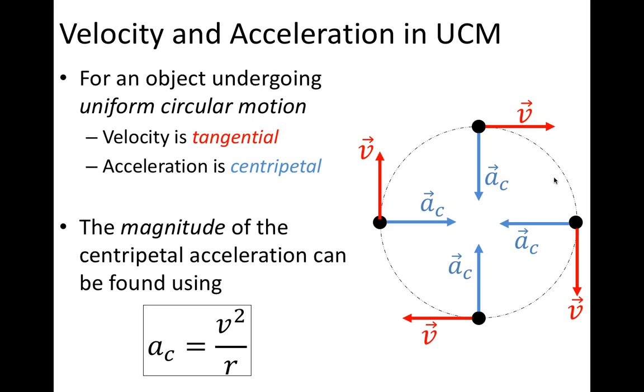And we have an equation, this will go on the equation sheet, that can relate the speed to the acceleration. And here we use an a with a subscript c to indicate that it is a centripetal acceleration that's equal to the object's speed squared divided by the radius of the circle that it's moving in. If an object's moving in a circle, it's accelerating.